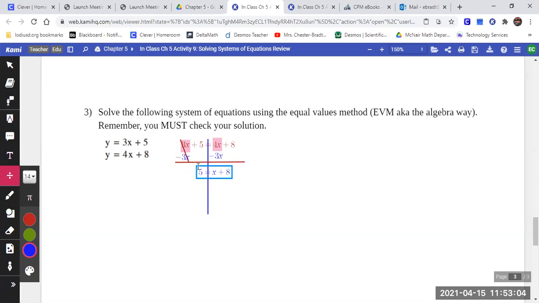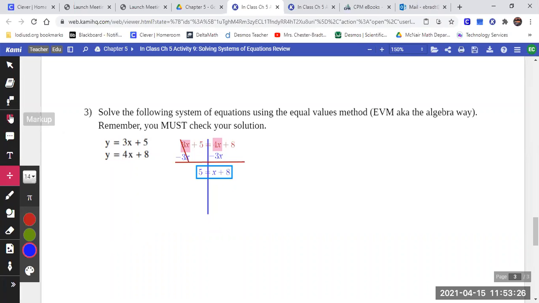So technically, 4x minus 3x, that's 1x, right? But we don't list that 1 in front because 1 times doesn't change anything. So we don't bother writing 1x. We just write x.